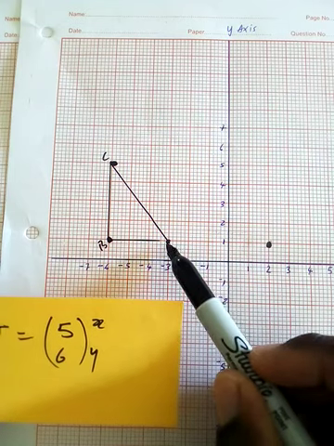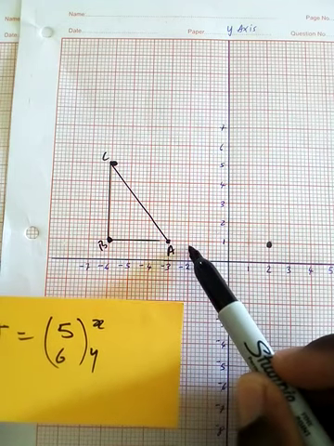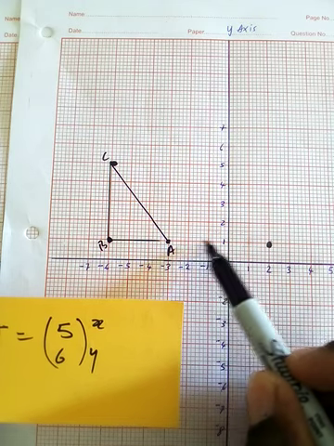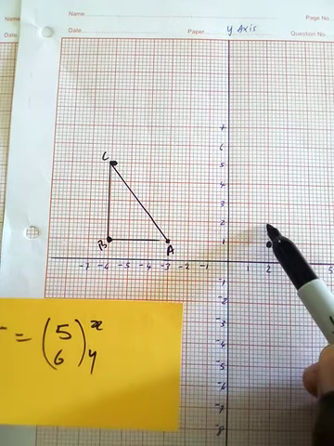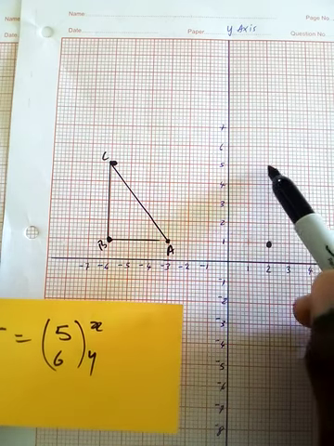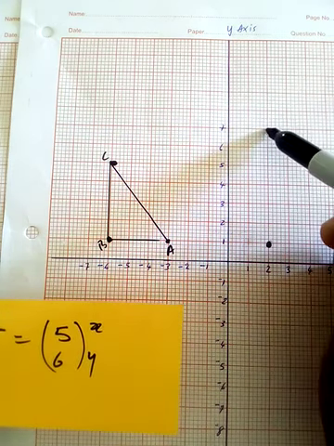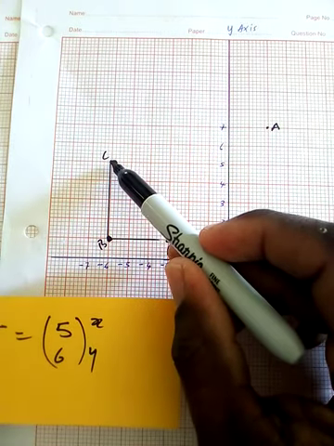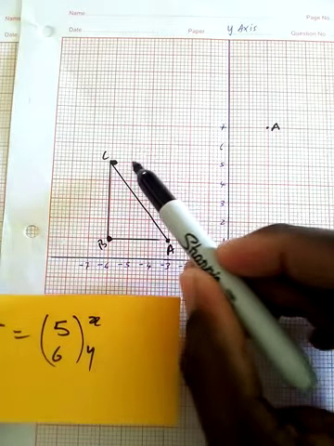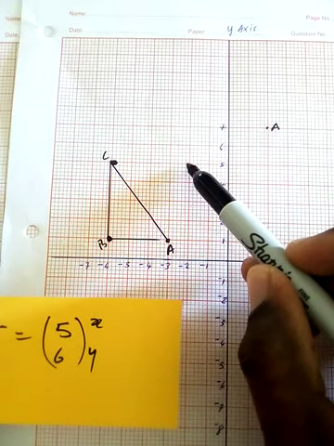So moving point A, and this is method 1 again. 1, 2, 3, 4, 5. Then 6 units upward. 1, 2, 3, 4, 5, 6. So A would now be here. Moving point C using the same vector. 1, 2, 3, 4, 5.